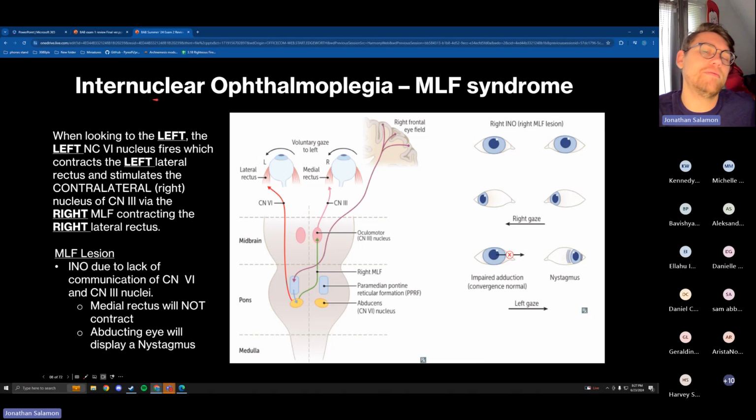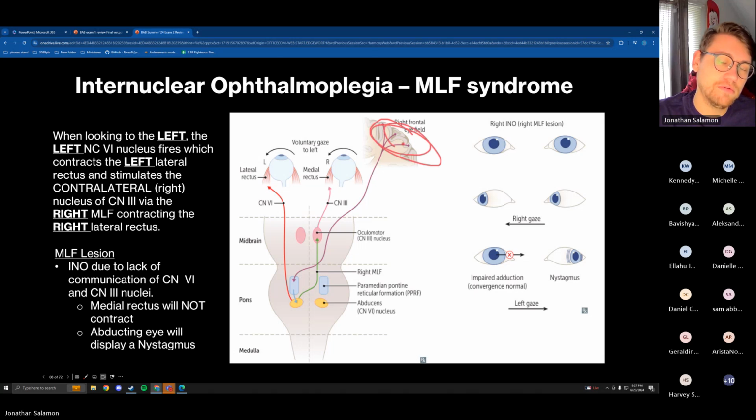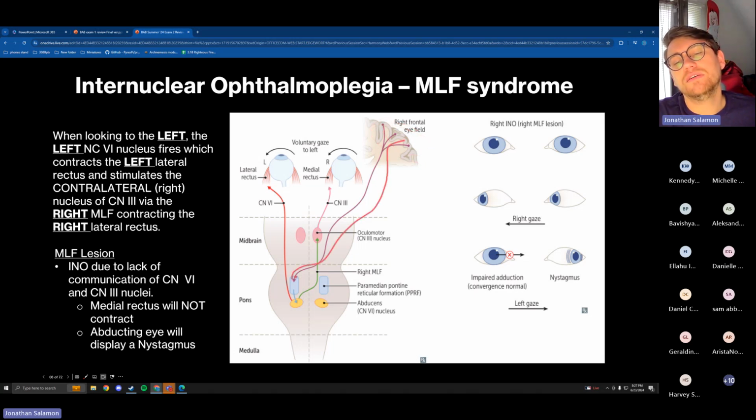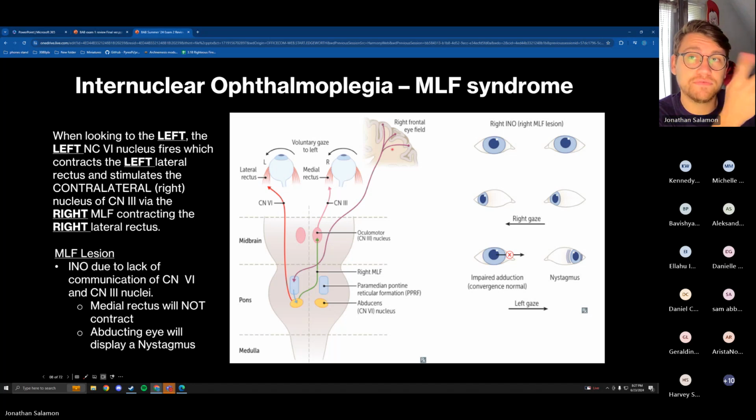INO, internuclear ophthalmoplegia. They love to ask questions about this, also known as MLF syndrome. The brain sends contralateral signals to the PPRF, telling it where it wants to look. So if I want to look to the left, my right cortex is going to tell my left PPRF to abduct my left eye.